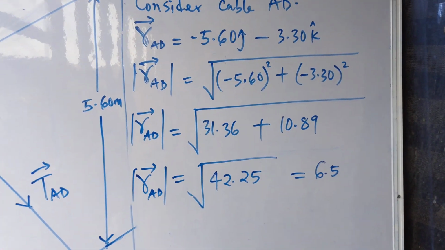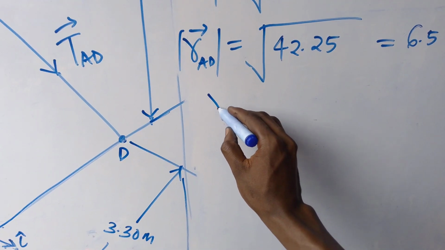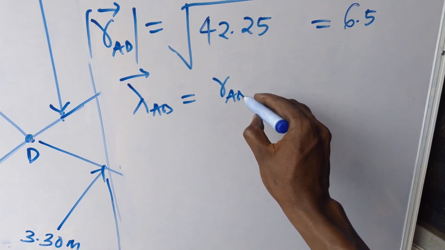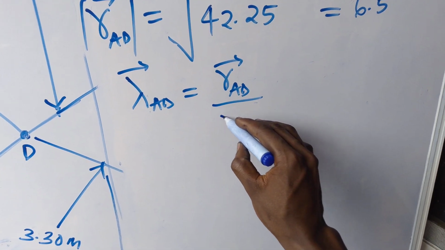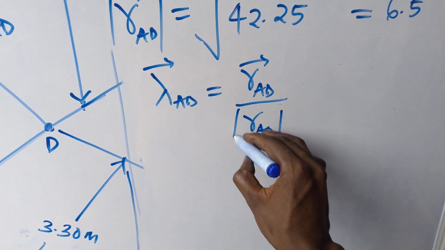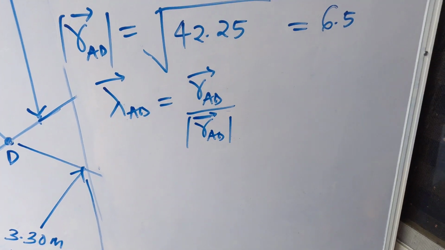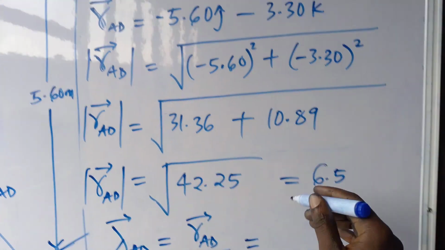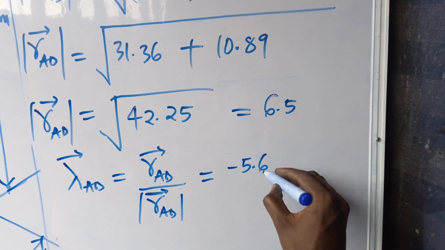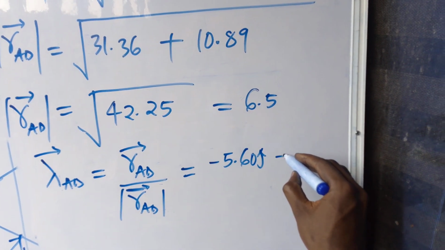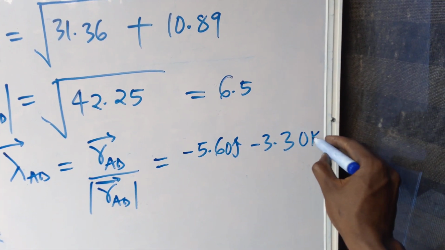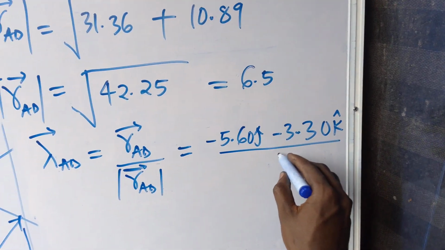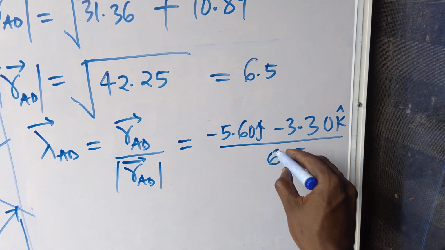Now I can find the unit vector, lambda AD. Lambda AD equals the position vector RAD divided by the modulus of RAD. This is minus 5.60 J minus 3.30 K divided by 6.5.